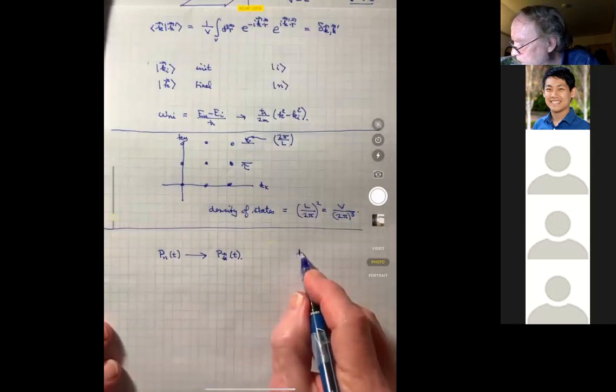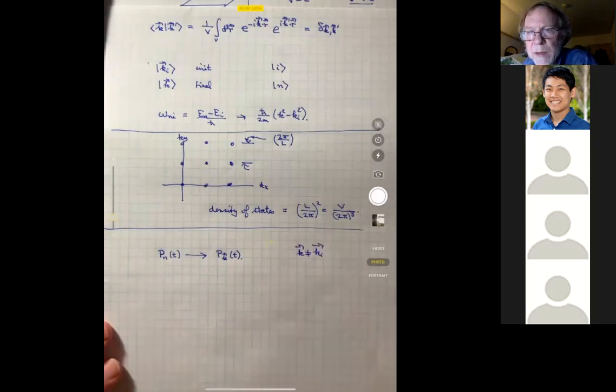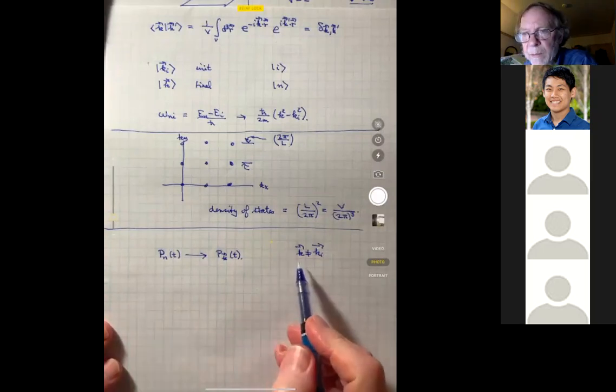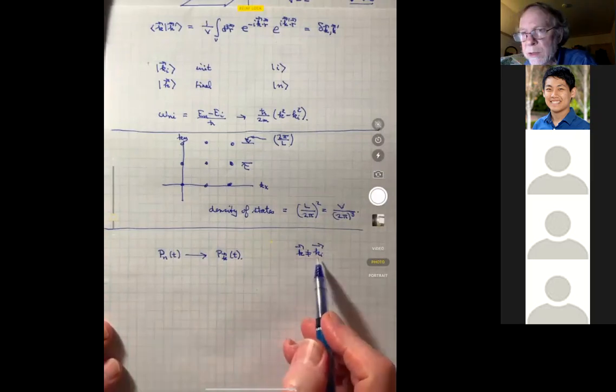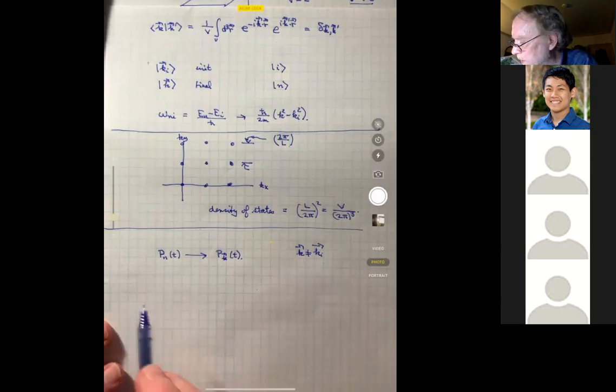We're mainly going to be interested in the case where k is not equal to k initial. That kills the Kronecker delta in the Dyson series. But it also means that we're really talking about scattering, because if the system stays in the initial state, then there was no scattering. You need these two to be different in order to talk about scattering at all. So that's the case that we want.